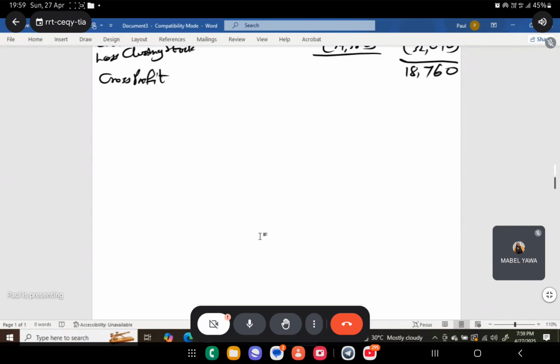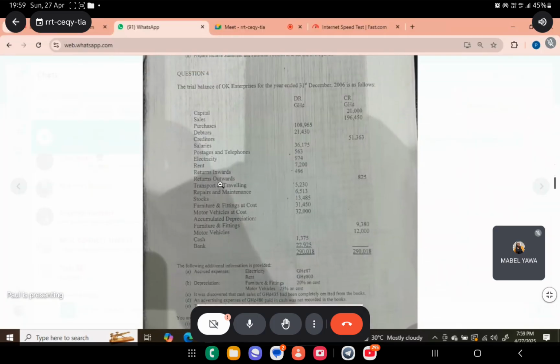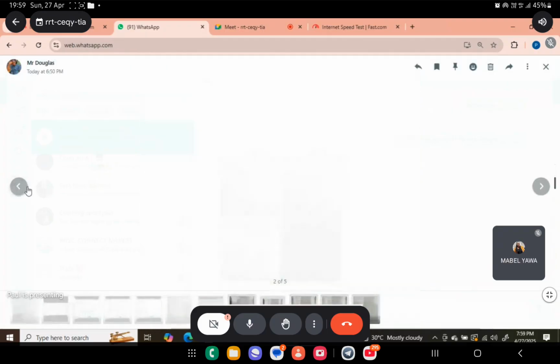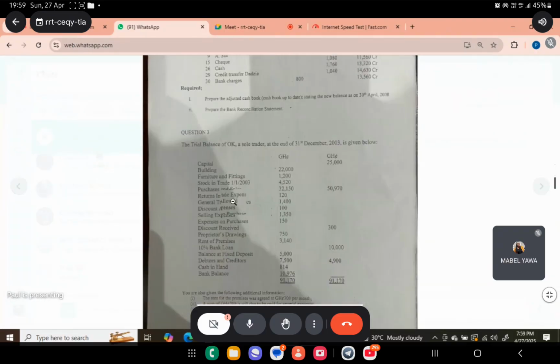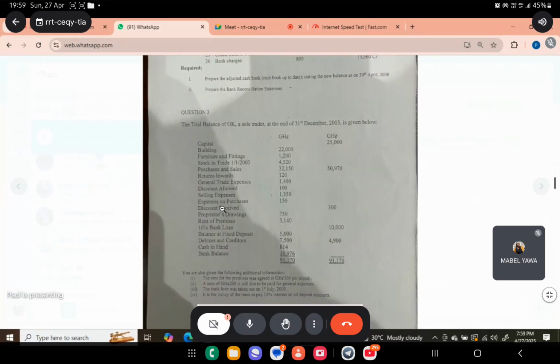Okay. So from here we add other income. And the other incomes I'm seeing in this question, one is discount received. You can see it has a credit balance, 300.